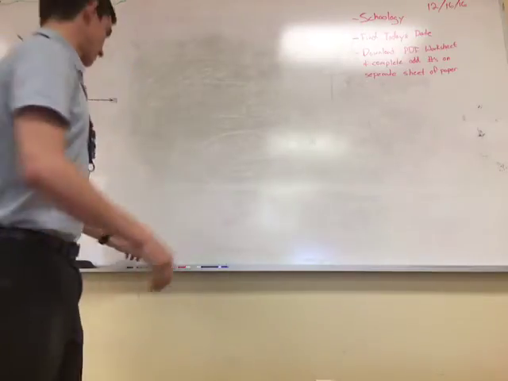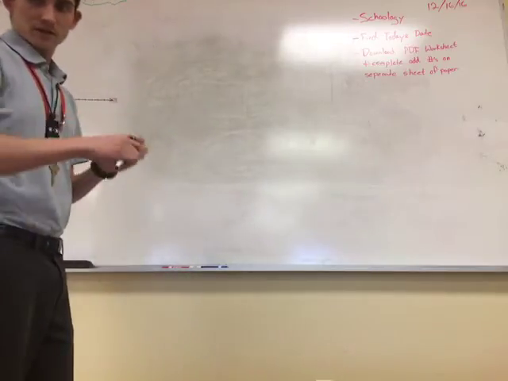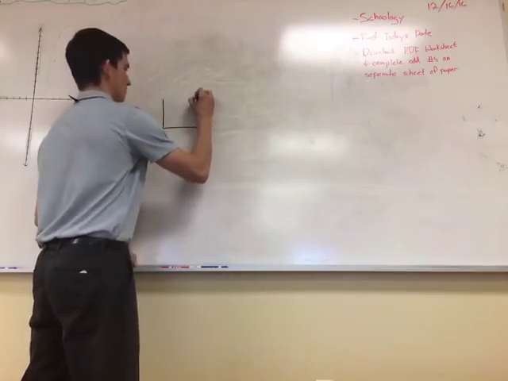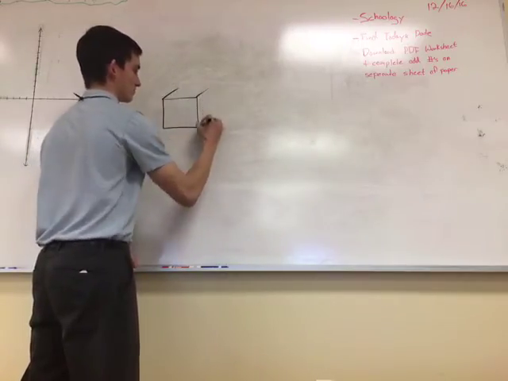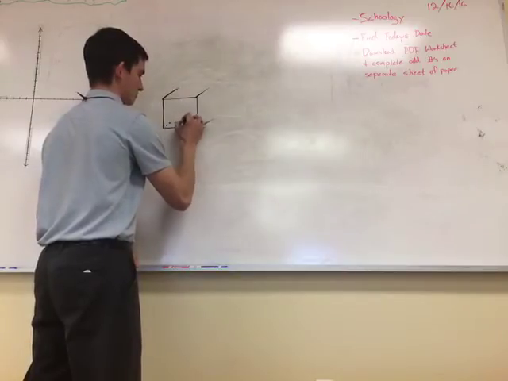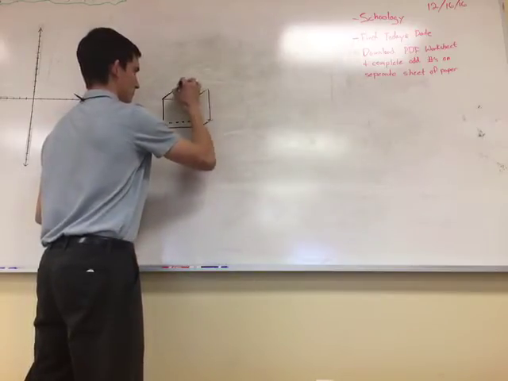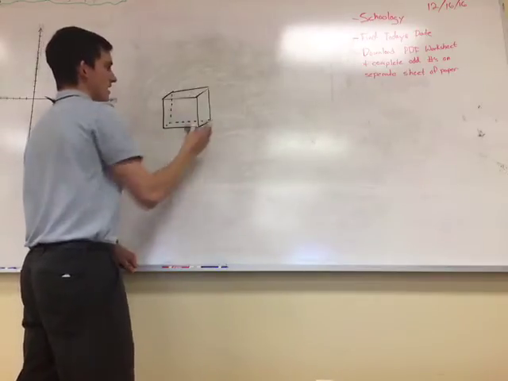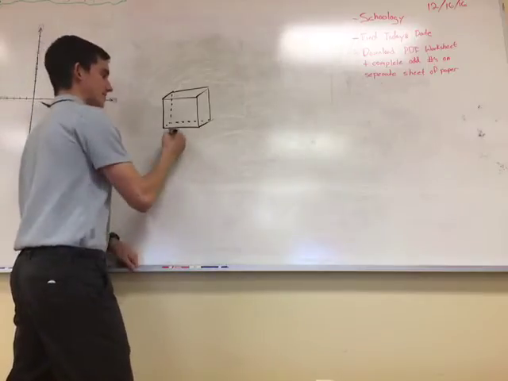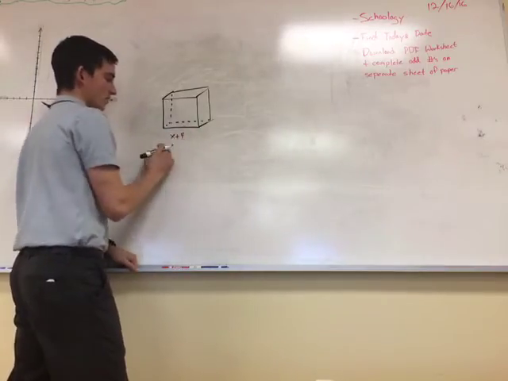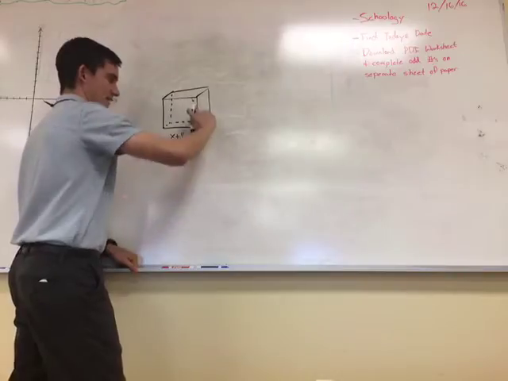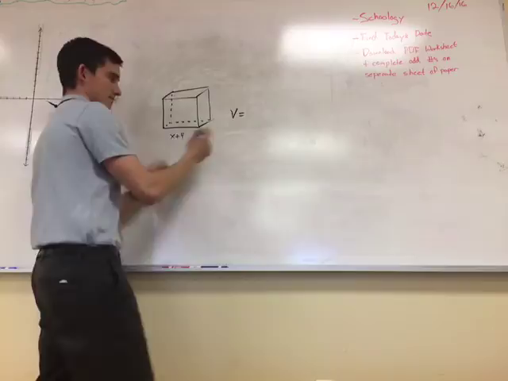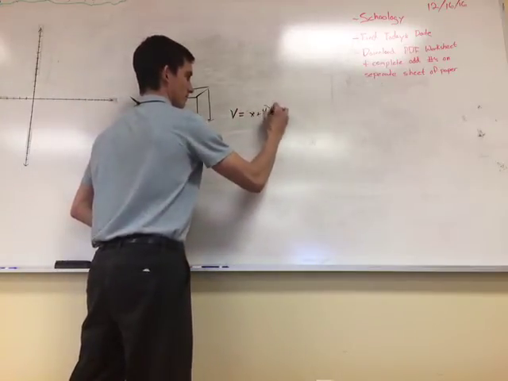So let's do this one also. We need to realize if I'm trying to find the volume of a cube, and it says that one side's length is x plus 4, well, realize that there's a width, a depth, and a height.